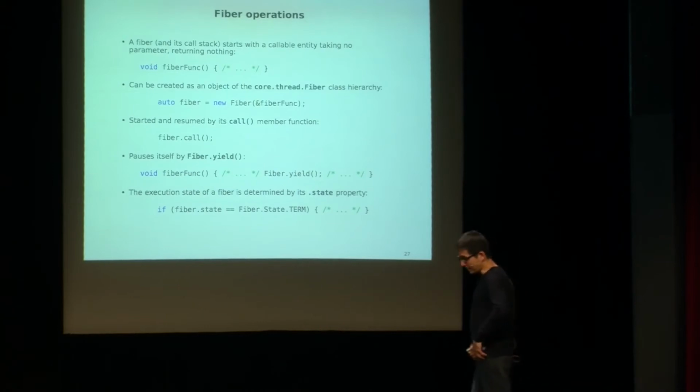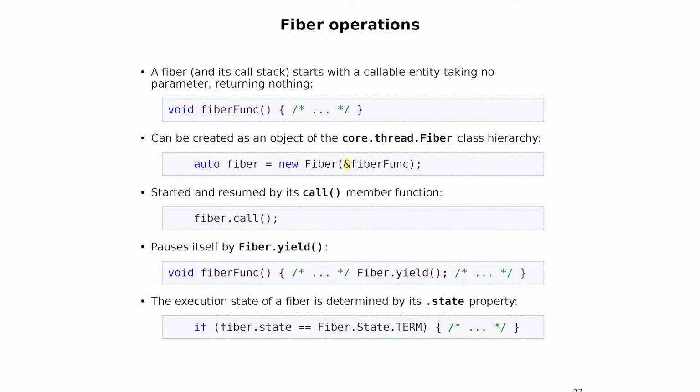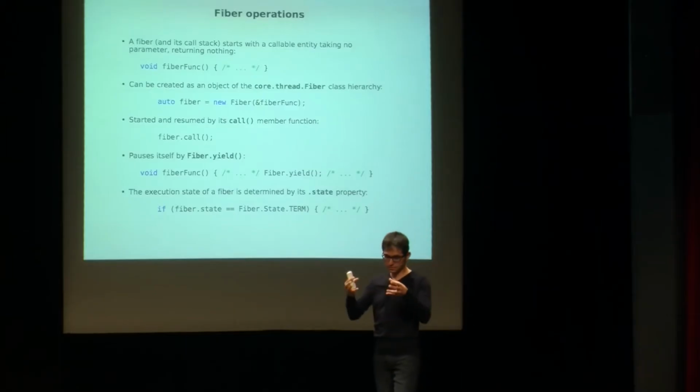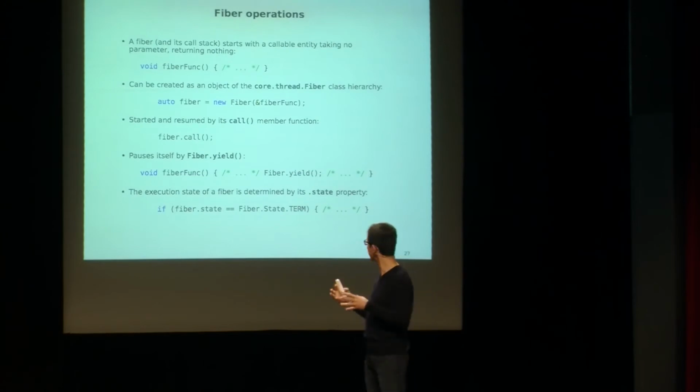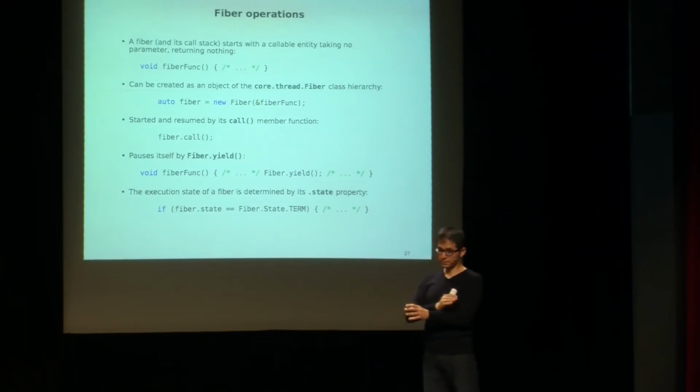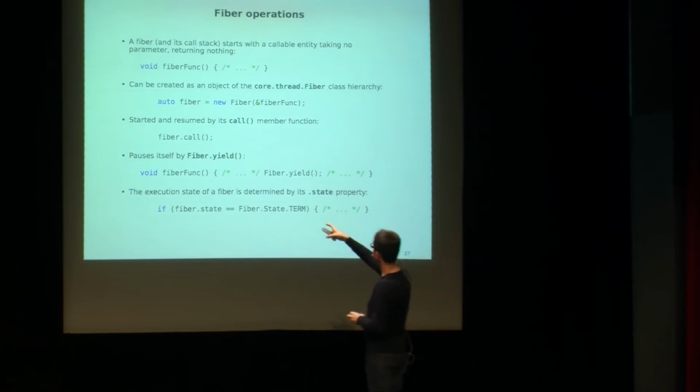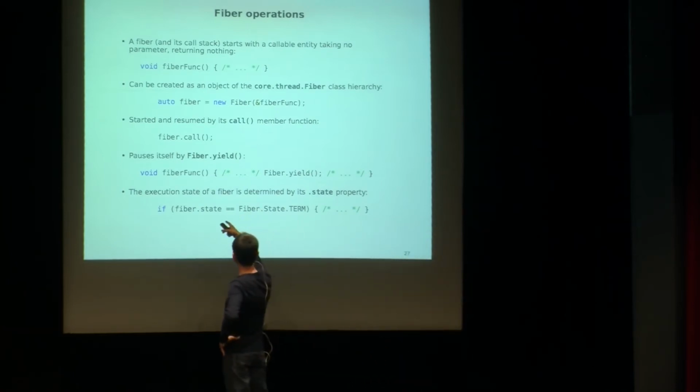So creating a fiber in D is extremely simple. You need to have a fiber function, which is a good old function which returns void and takes nothing. One way of creating a fiber is with the new Fiber class. You just give it the fiber function, and you're done. You have this execution context of a fiber where your main thread can call with this fiber call.